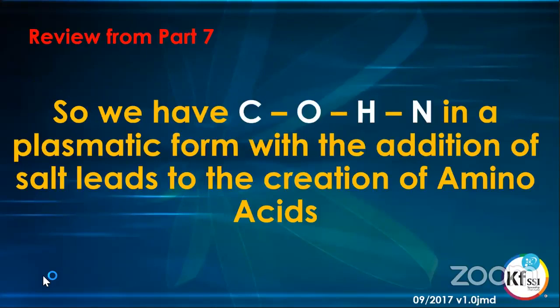So just to go into a bit more on the concept of the amino acids and what we explained in part 7, is that we have our carbons, oxygens, hydrogen, and nitrogen in a plasmatic form with the addition of salt leads to the creation of the amino acids. As that is happening in the atmosphere, this is also happening within the boxes that you are making, whether you're making CO2 or copper or CH3 GANS or zinc GANS, you are also creating the condition for the amino acids to form.